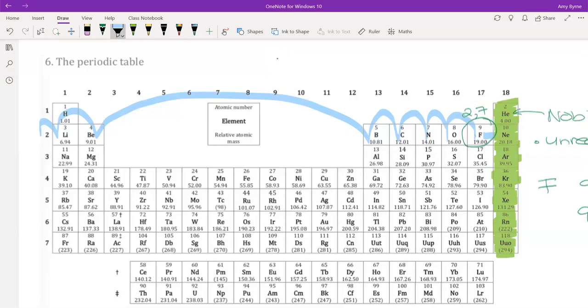Put that in terms of effort. Which one of those is going to require more energy? Does it need more energy to gain 1 electron or to lose 7? It takes a lot less energy to gain 1 electron than it does to lose 7.